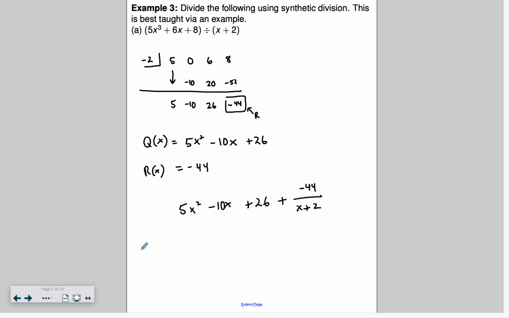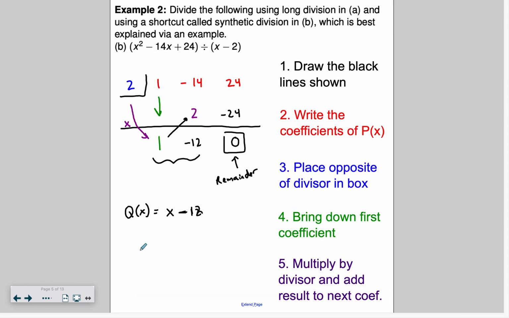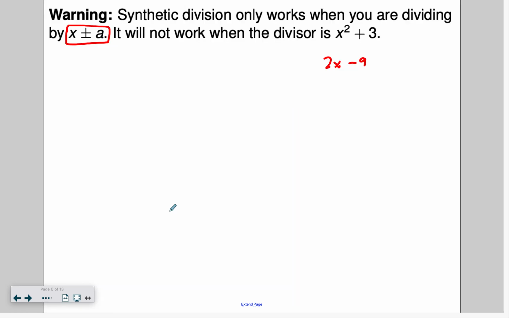So that's the answer to our division problem. I didn't have to do that plus thing at the end in the previous example because our remainder was 0. The answer there is just x minus 12.